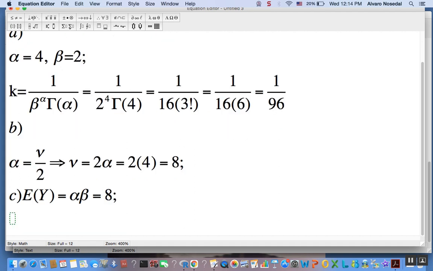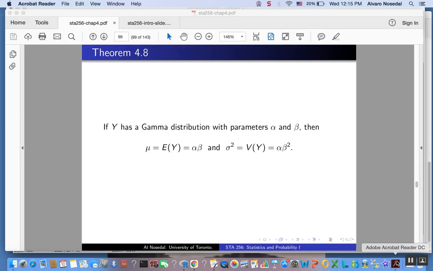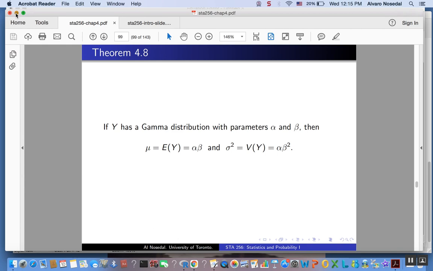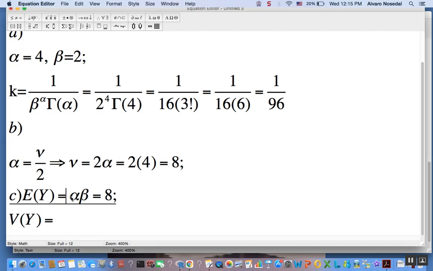And then the variance, let's use that formula that we have for the variance of a gamma distribution. We have it here, alpha times beta squared. So alpha is 4, times 2 squared.